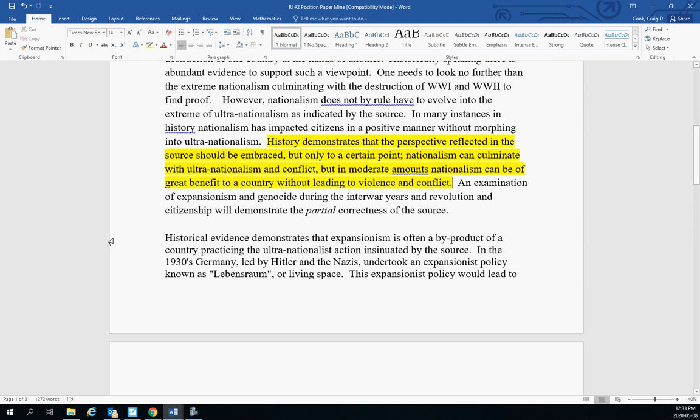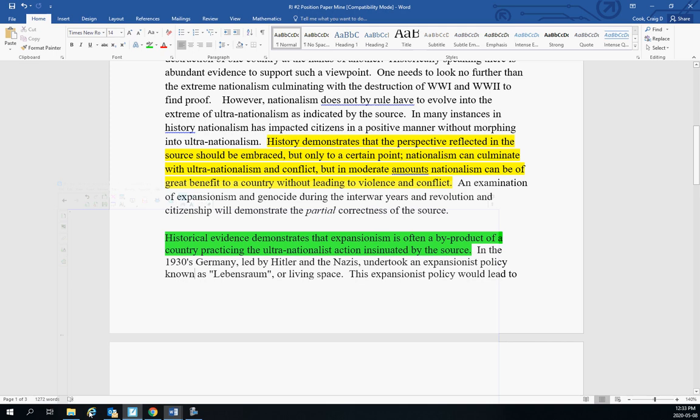Introduction, first body paragraph. So this guy is going to talk about expansionism from what I can see here. So there's topic sentence number 1. They're building an argument around expansionism to attack the source.